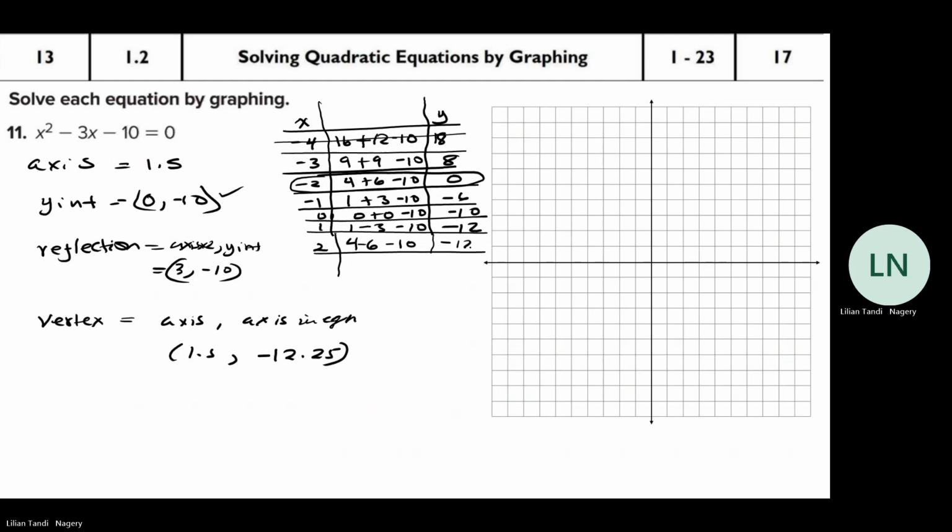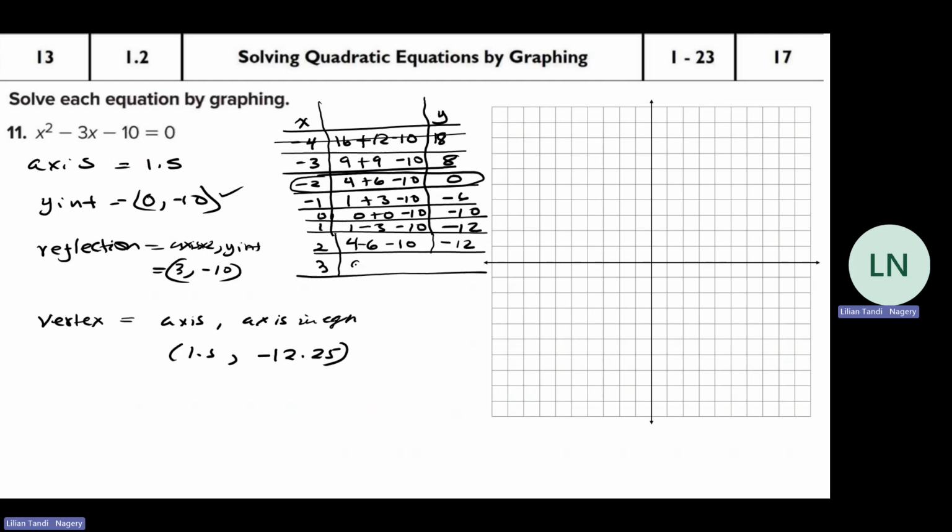Why do I have the same number? 1 minus 3 is -2. -2 minus 10 is -12. And then here, 2 squared is 4, minus 6 is -2, minus, okay.